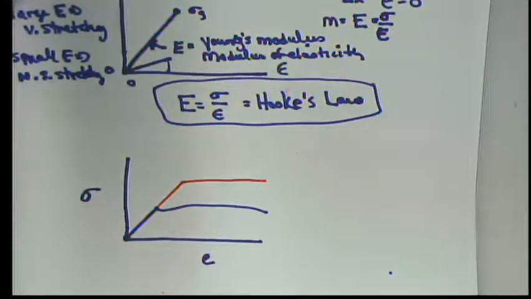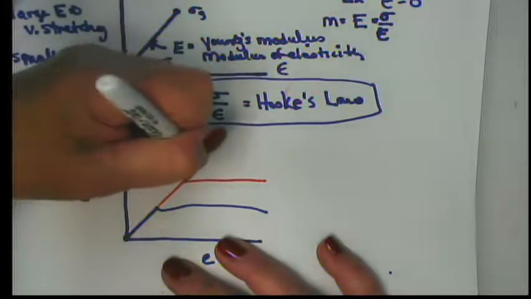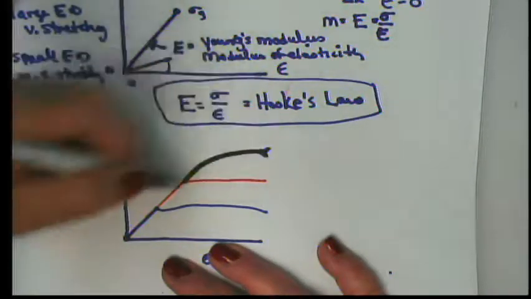And we have yet another material, which I don't have a marker for because I've lost my black one, that does some really big thing like this and then ruptures.